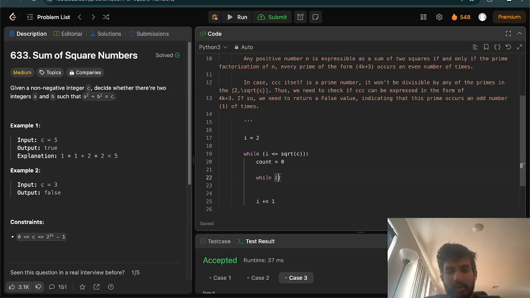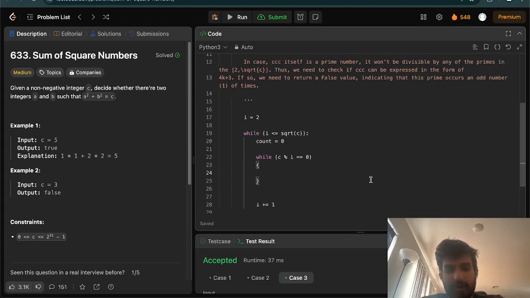While c mod i is 0, for that prime factor, we increase the count and divide c by that prime factor.